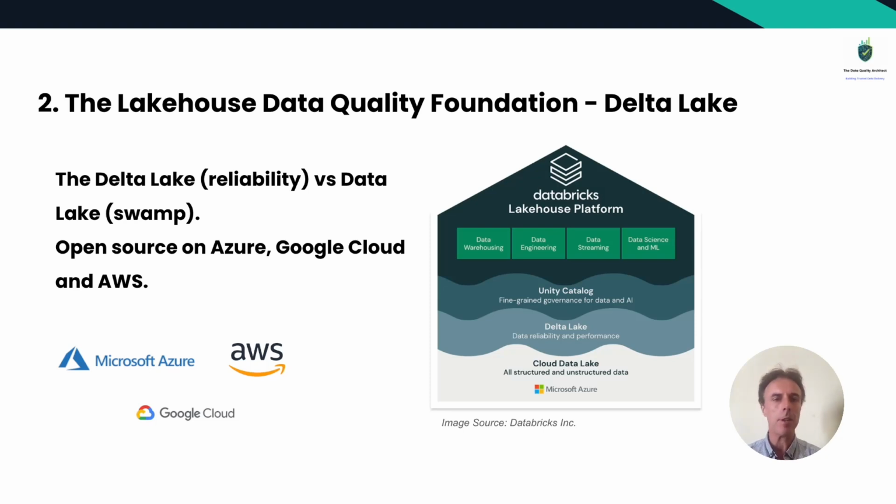So they certainly know what they're doing. And it's open source technology, so it's actually become a core component of most of the popular cloud platforms today, such as Azure, so Databricks and Fabric, Google Cloud, there's BigQuery and Dataproc, and AWS, of course, Databricks again, Glue, EMR, and Redshift Spectrum. In a nutshell, the Delta Lake introduces a reliable transaction layer for the data lake.